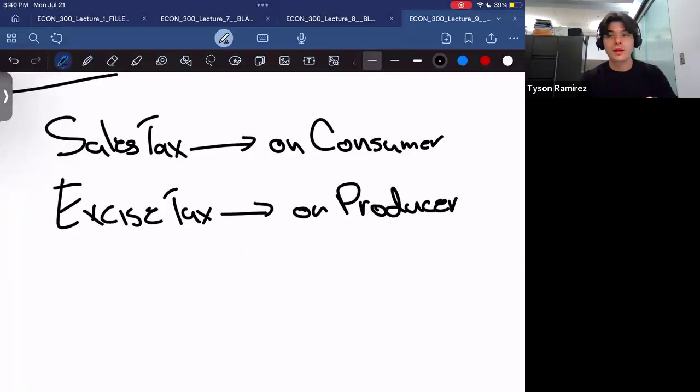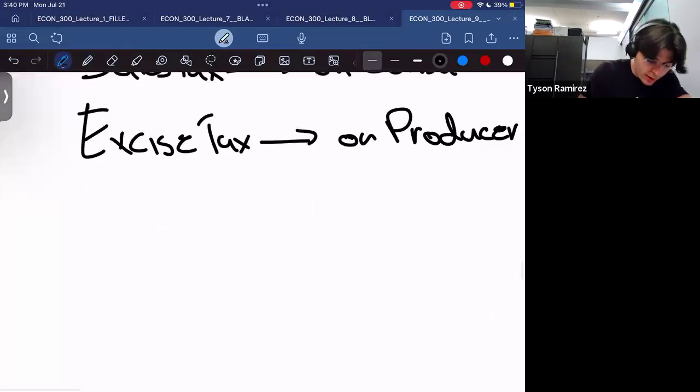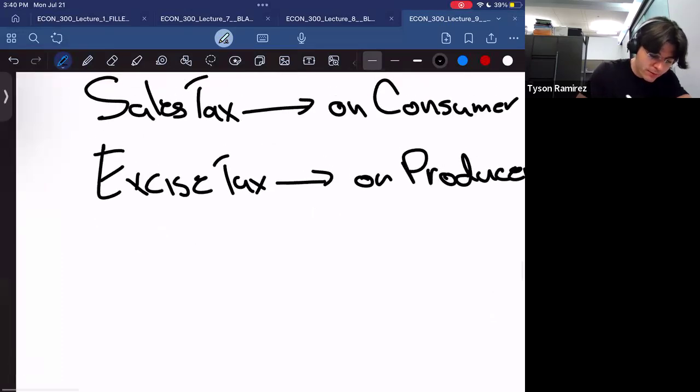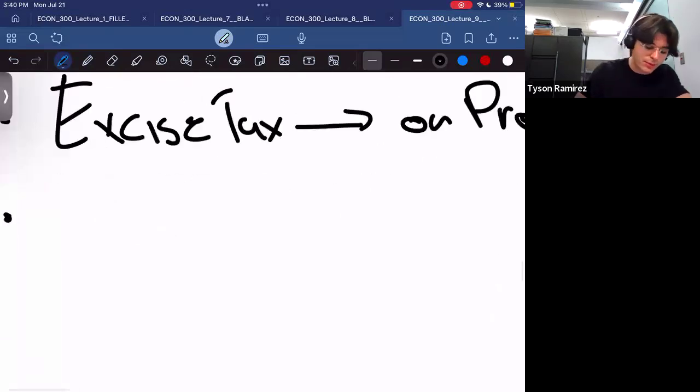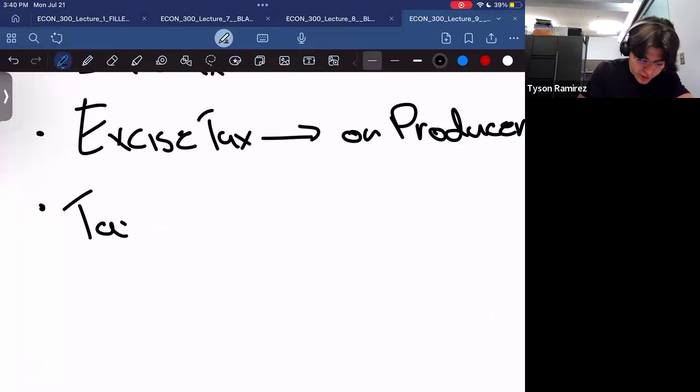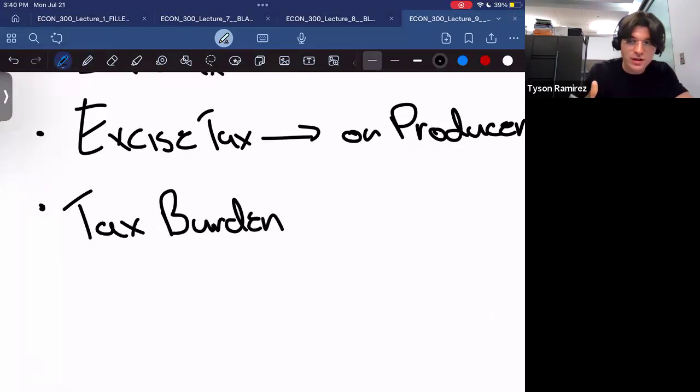Also, I'm not going to do any examples right now, but we should know the tax burden. Depending on where you took your principles of micro class, you might have seen this part. The tax burden is who is going to pay for the tax. If it's a $10 tax, that tax could be split up. The consumer can pay for some and the producer will bear the cost of some.